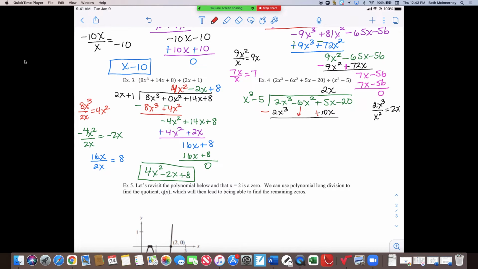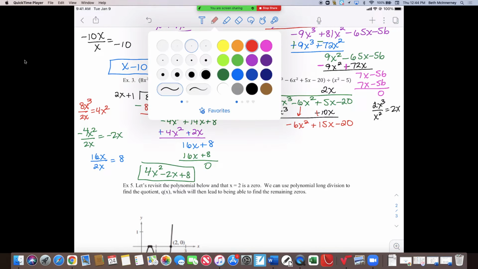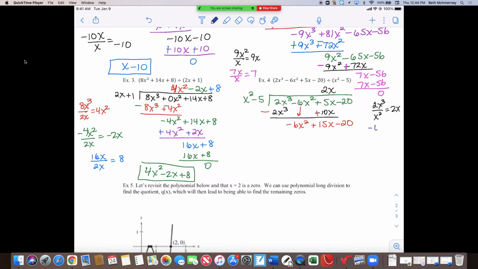Look, there was nothing that lined up with that negative 6x squared, so I bring it down. You don't ignore it. There was nothing underneath there to subtract. All right, now I'm going to take negative 6x squared divided by x squared. What would that be? Negative 6, so I'm going to put the minus 6 here, and that's going to be negative 6x squared plus 30.